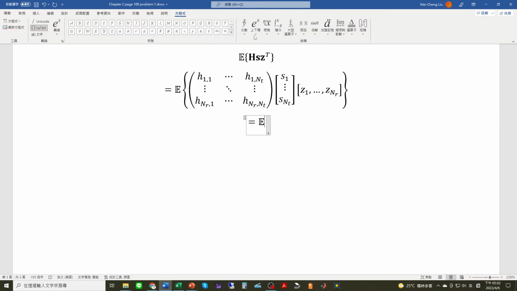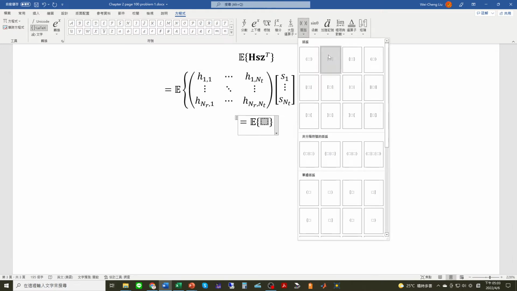First, H is an NR by NT matrix, and S is an NT by 1 vector. So after the multiplication, it should be an NR by 1 vector.